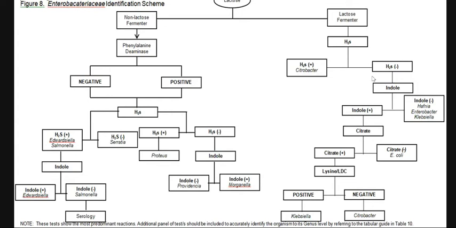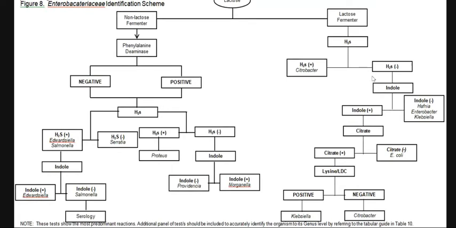You classify the organism that grows on MacConkey agar, whether it is a lactose fermenter, non-lactose fermenter, or late lactose fermenter. If it is a late lactose fermenter and you make use of SIM, sulfide indole motility, and it happens to be positive, then it could be Citrobacter.